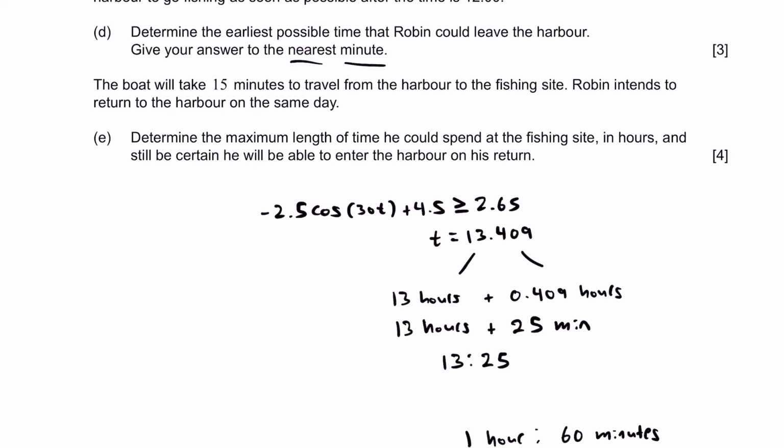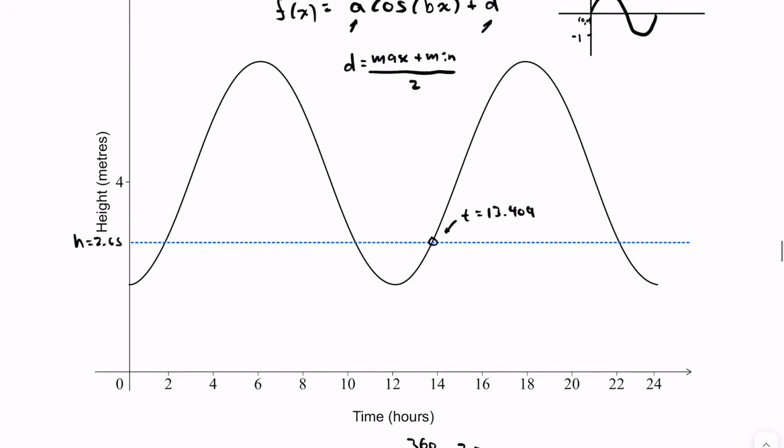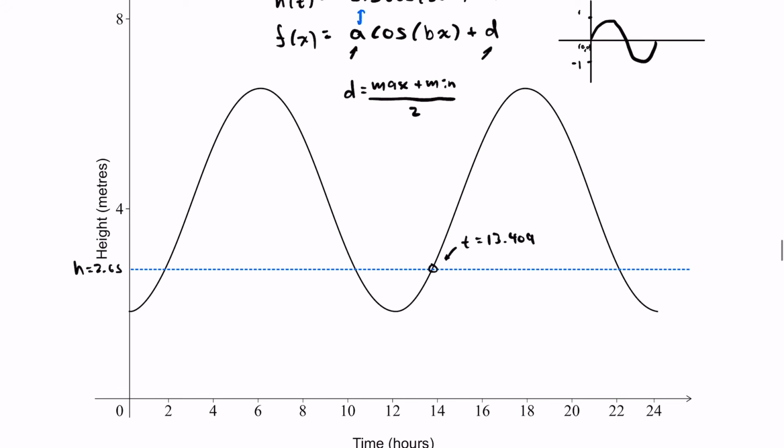It's going to take him 15 minutes to get to the fishing site and 15 minutes to get back. And essentially, what is the latest time he can come back before the harbor closes? Remember, the harbor closes when it's 2.65 meters or less. So here it is again, 13.409.